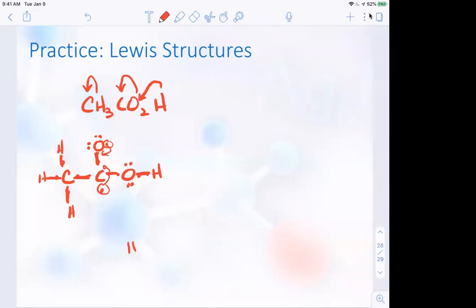So when I complete this, I'm going to have that Lewis structure for acetic acid. So you're going to notice that we're going to be able to read these different structures, how they're written. You'll get practice with this in chapter 1 homework.